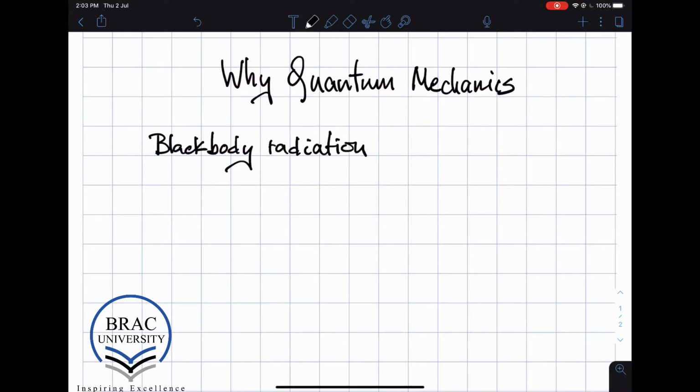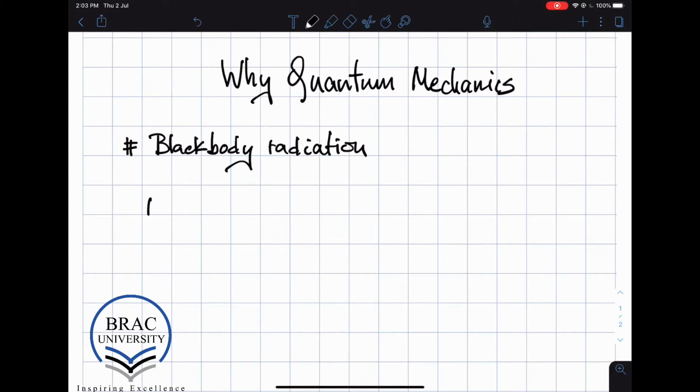And people tried to use classical theory of electromagnetism to explain the observed spectrum of the black body radiation, and they failed. So before we can discuss what a black body radiation is, we need to know what a black body is.